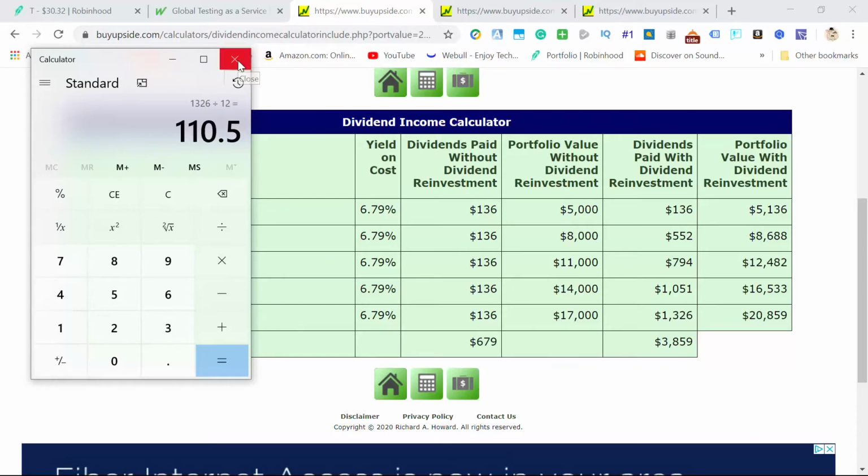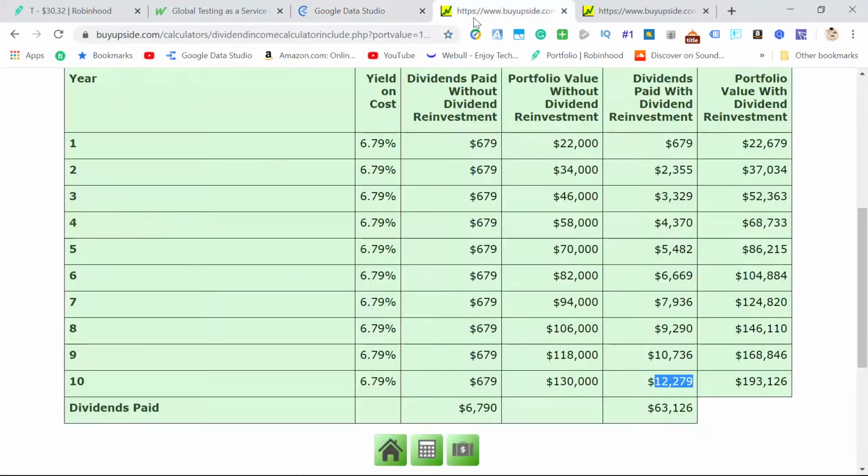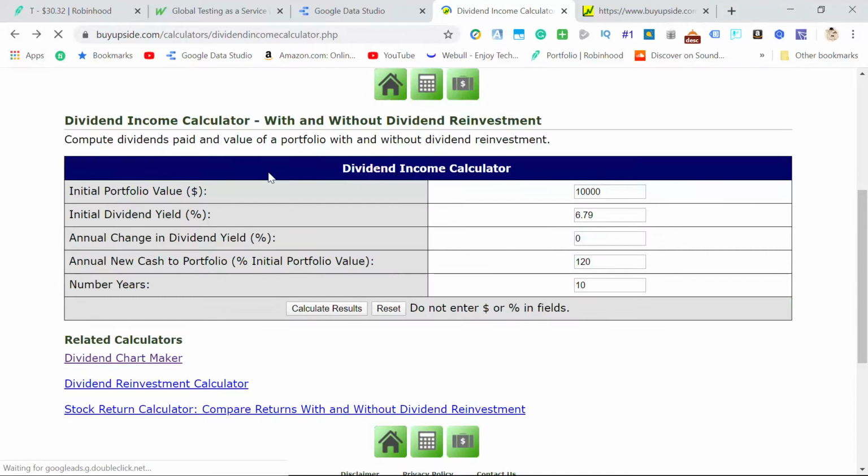Okay, so now let's go to example number 2. Now this example is based on your dividend yield, so it can go up and down, so that's good to know. So example number 2, we're trying to get $1,000 a month. Okay, so initial portfolio value, we're going to use $10,000.